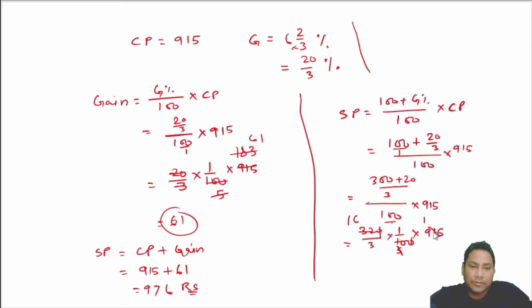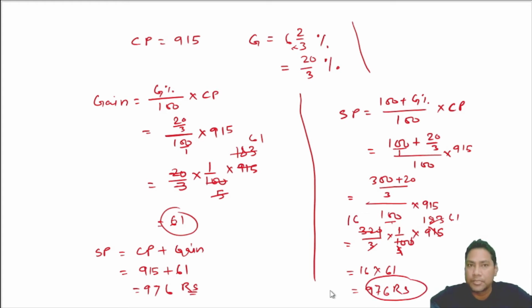Now we will divide 183 by 3. This will become 61. Now we will multiply 16 into 61. 16 6s are 96 and 1, 97 rupees. So this is the cost price.